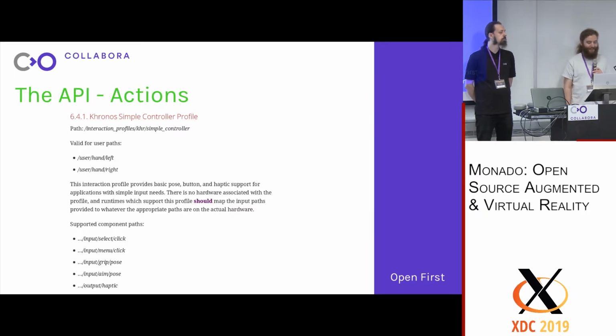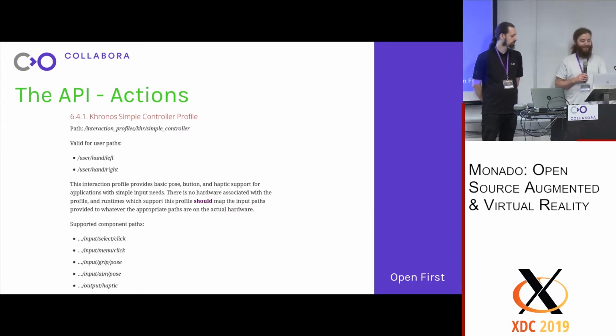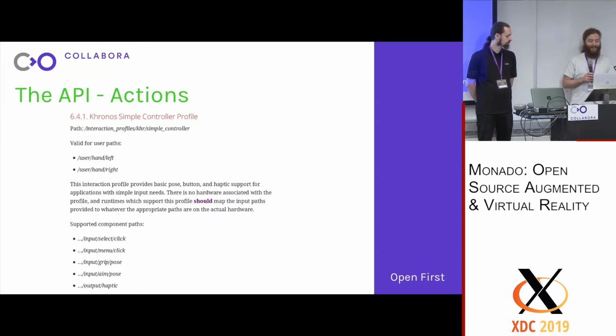An interaction profile basically looks like this. You have specified a bunch of input paths that this controller has, and this is what applications can use. This is a bit hard to explain on the spot.